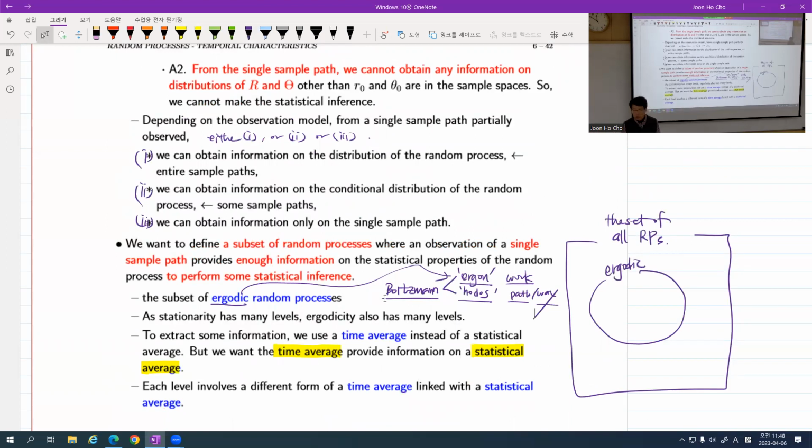Actually, it's not easy. Sometimes we assume the random process we are dealing with is an ergodic random process, and happily, under that assumption and a single observation, we make statistical inference.